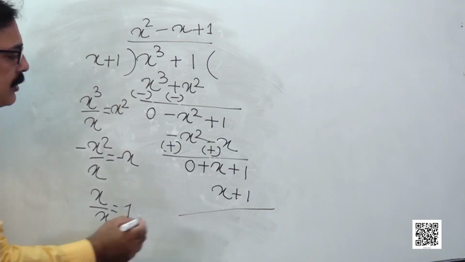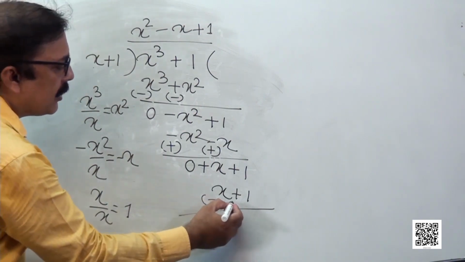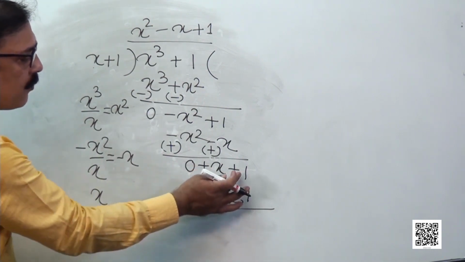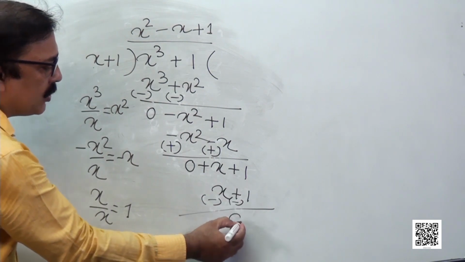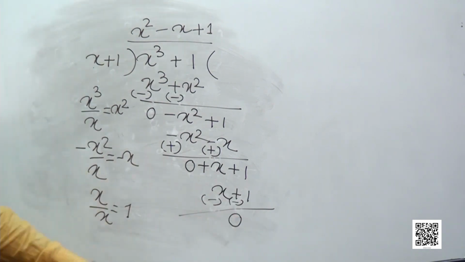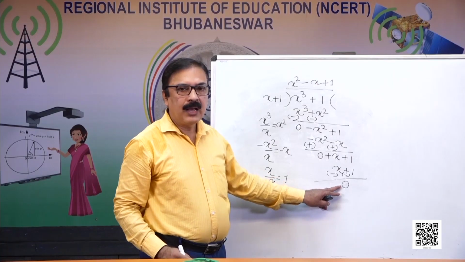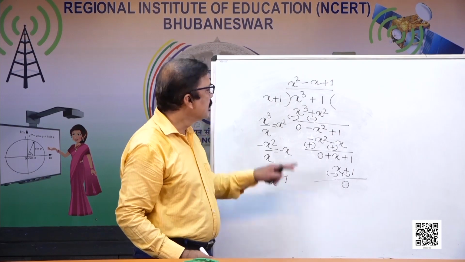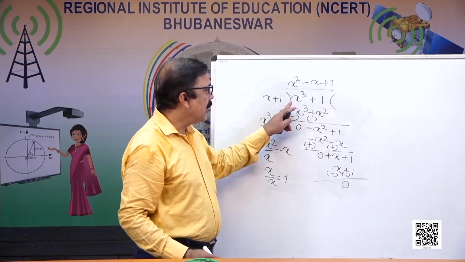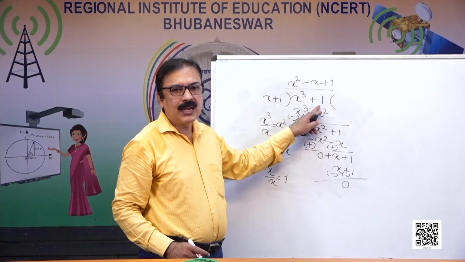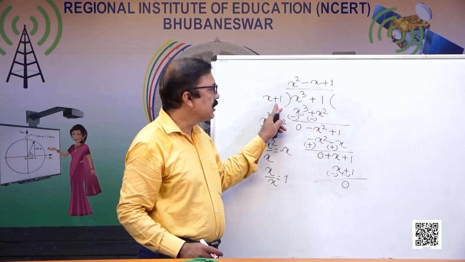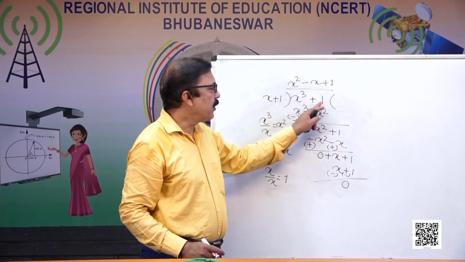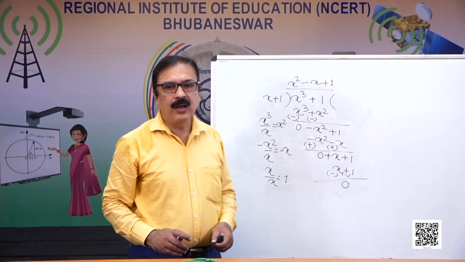Now subtract. If we subtract it, then what do we get? x minus x is 0, plus 1 minus 1 is 0. Earlier we got the remainder as 0 using the remainder theorem. So in that case, x plus 1 and x cube plus 1, what is their relationship? x plus 1 is a factor of x cube plus 1, and x cube plus 1 is a multiple of x plus 1.